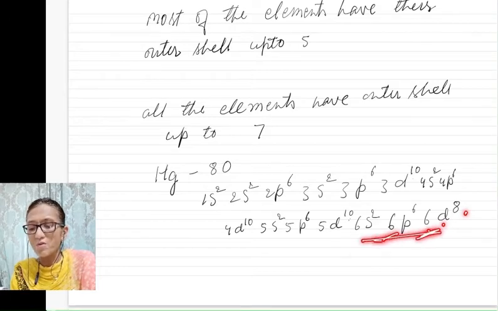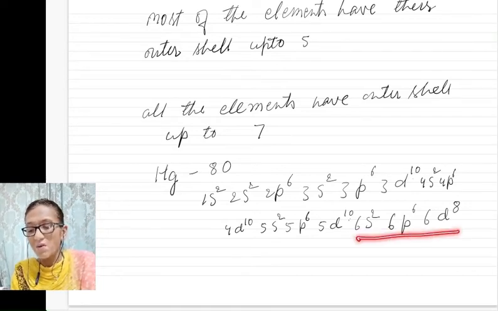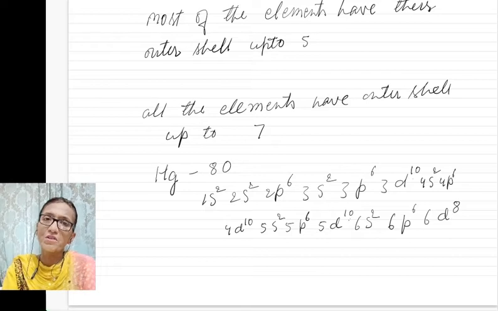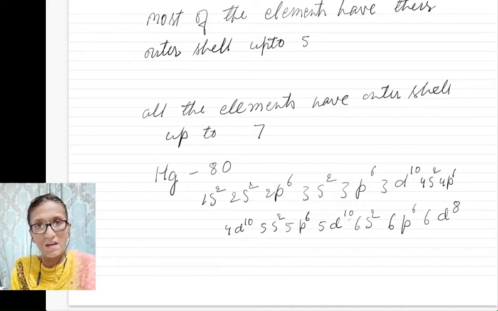So outermost shell is 6 only. You have such a large atomic number, you can see 80, and you have outermost shell only 6. So all the known elements can have outermost shell up to 6. And most of them have outermost shell up to 5 only.